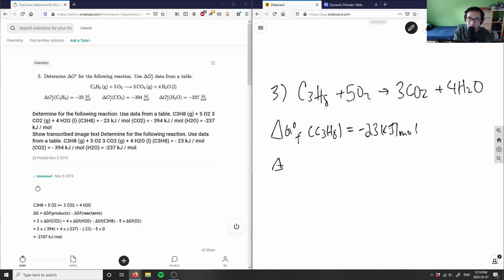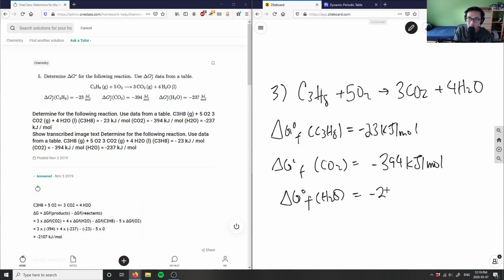I know that delta G of formation of CO2 would be negative 394 kilojoules per mole. And then finally, delta G of formation of H2O would be negative 237 kilojoules per mole here.